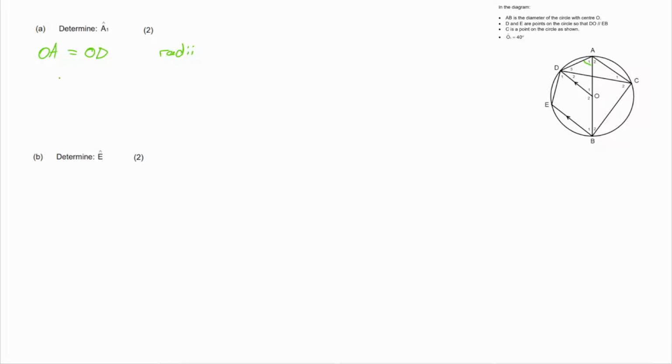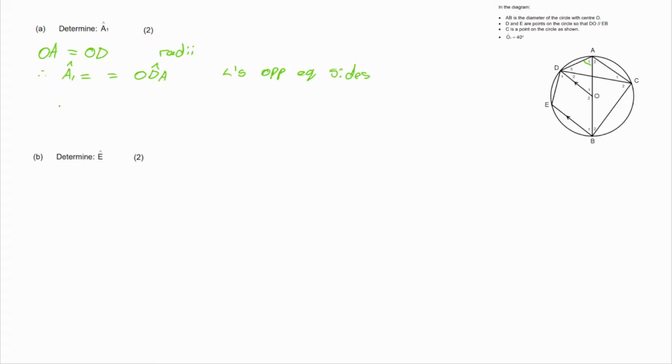Therefore angle A1 is equal to angle ODA, and the reason is angles opposite equal sides, or you could just write isosceles triangle.